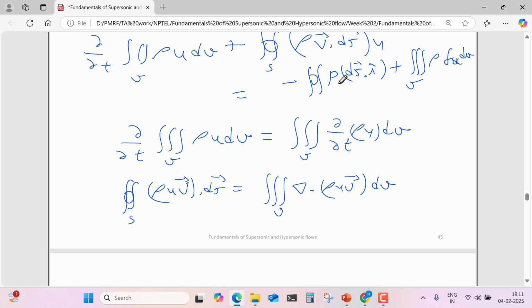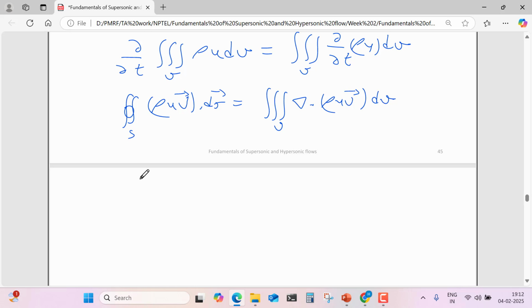This is also a surface integral, so we can also write this in the form of a volume integral.